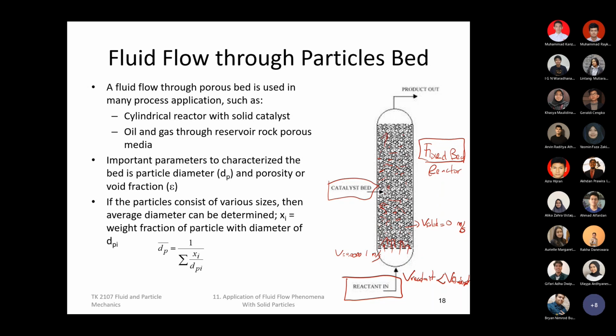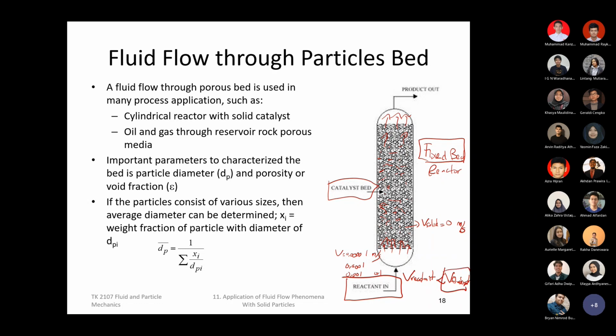It will not move the solid inside of the system if it's a very small velocity, because the force balance is not able to lift the particle. So there are some reactors intentionally designed this way. Maybe it can be increased to 0.001, 0.01, 0.1, up until it starts to reach the fluidization velocity.